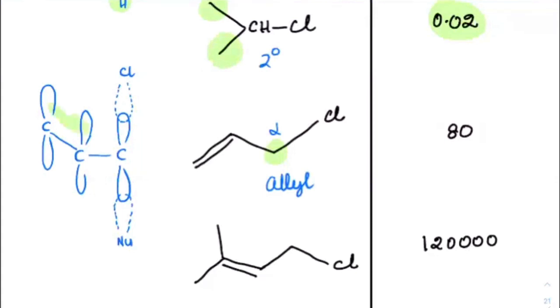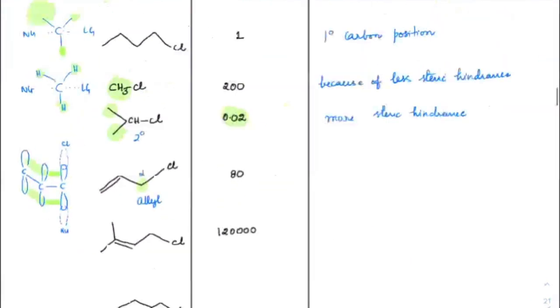So this pi bond electrons will help this transition state to get stabilized. Right. So this delocalization of pi electrons will help the transition state, so that brings the stability.